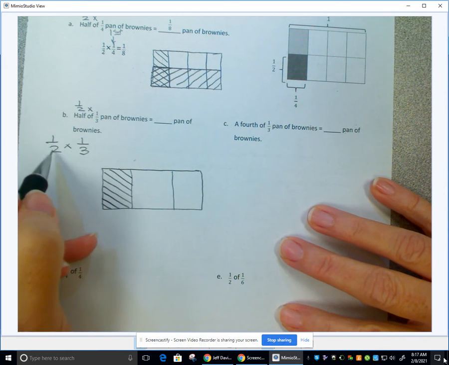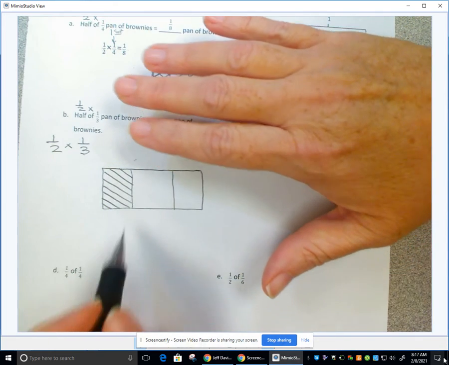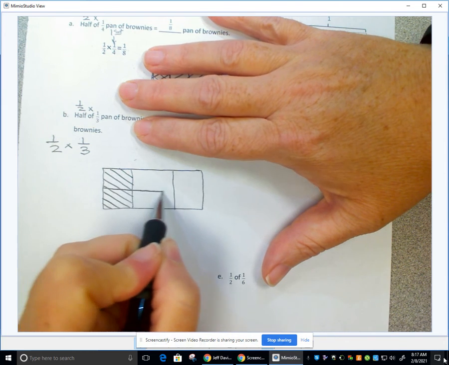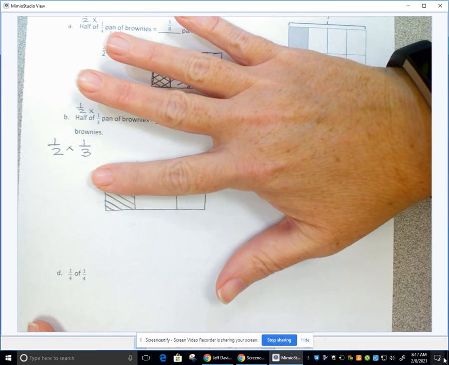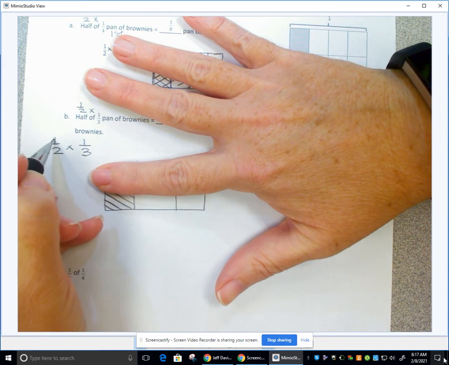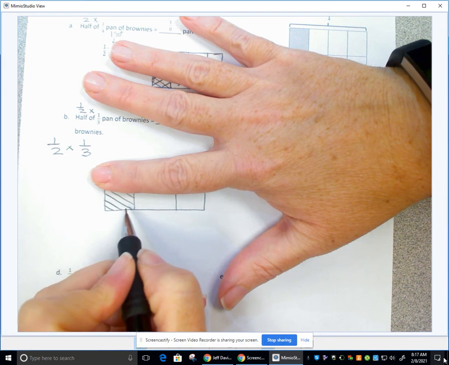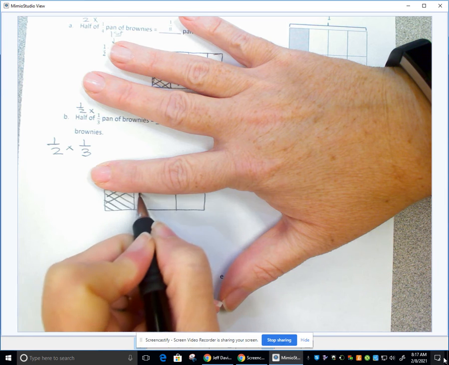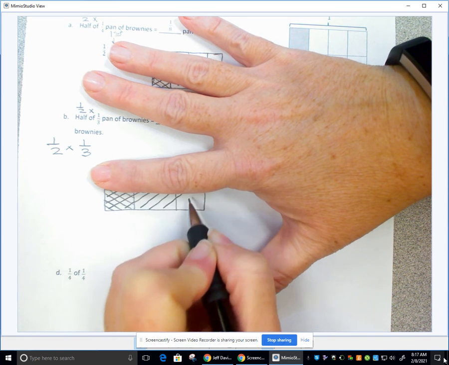Now I want 1/2 of the 1/3. So that means I'm going to go this way with 2 groups. And that means I just need one line. See, there's 1 group, 2 groups. And I want one of the 2 groups. So I'll just, and by the way, remember, we want our lines to go in an opposite direction so that we will see where they cross.